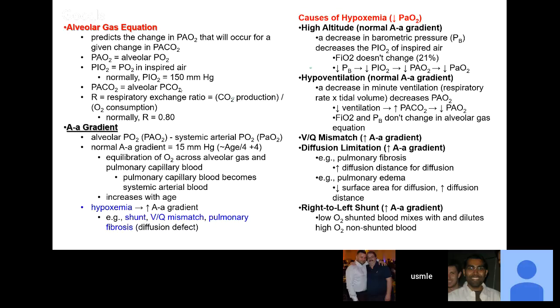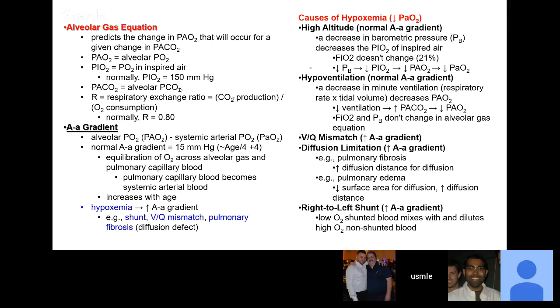That is logical. So what happens in that situation? Remember that the CO2 is still coming, and it's because of ventilation that the CO2 should come out. If you decrease ventilation, PCO2 is going to increase, and the oxygen is going to decrease because you bring less.